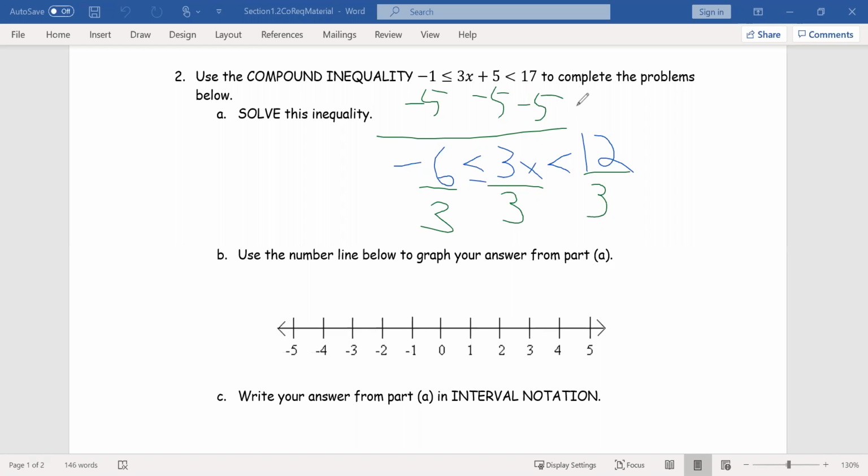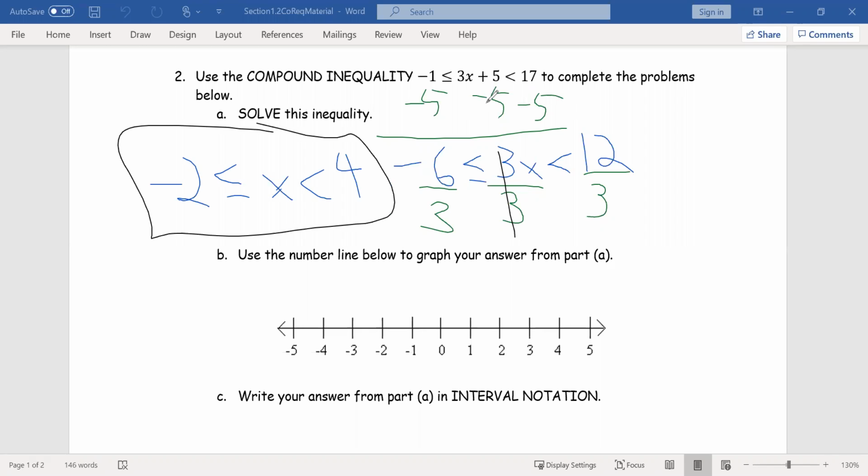And so what we end up with there is -6 divided by 3 is -2, less than or equal to, in the middle again, 3's cancel out, so we just have an x and then less than 4. Okay, so we have -2, less than or equal to x, less than 4 as our solution set there, our inequality solution.